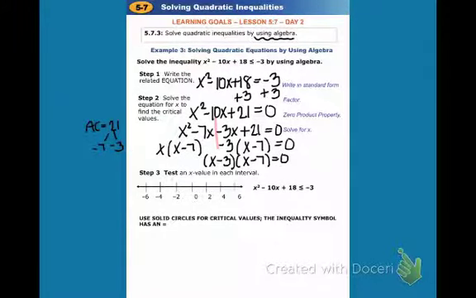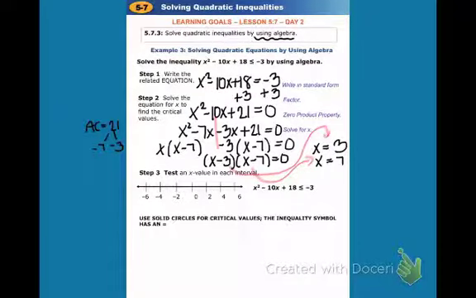And that means the solutions are x equals 3, which makes this one equal to 0, and the other one would be x equals 7, which makes this one equal to 0.